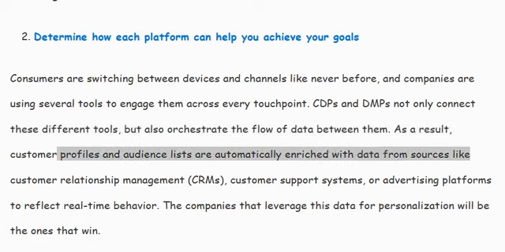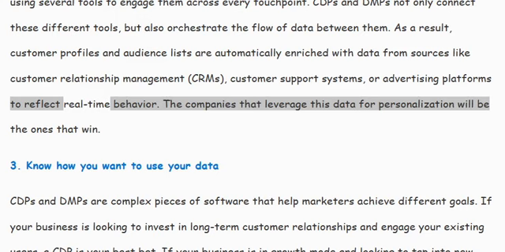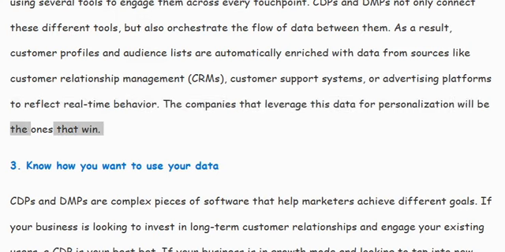As a result, customer profiles and audience lists are automatically enriched with data from sources like customer relationship management, CRMs, customer support systems, or advertising platforms to reflect real-time behavior. The companies that leverage this data for personalization will be the ones that win.